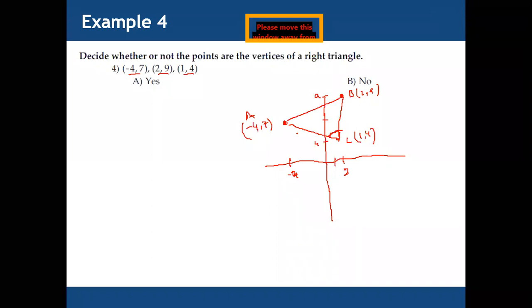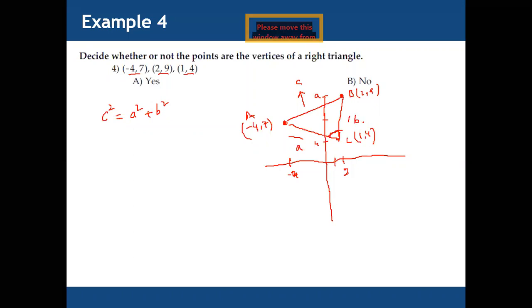So we need to find the distance of all three sides. Then we have the Pythagoras theorem, that C square is equal to A square plus B square. Let's suppose this one is C square. This is C. We take this one A and this one B.